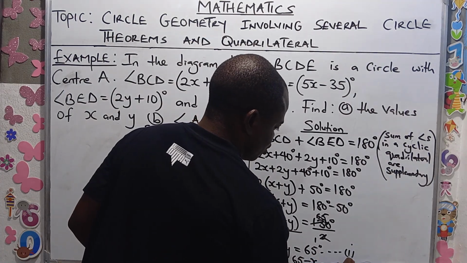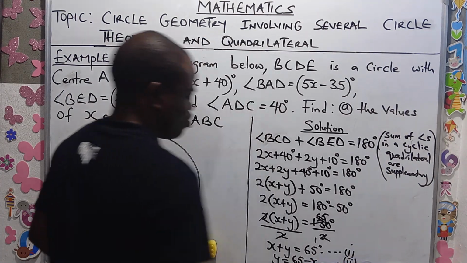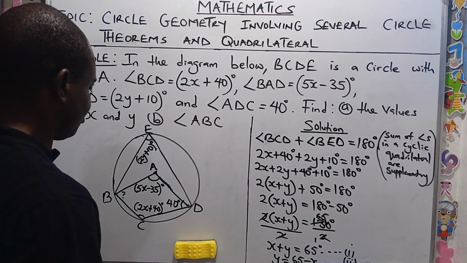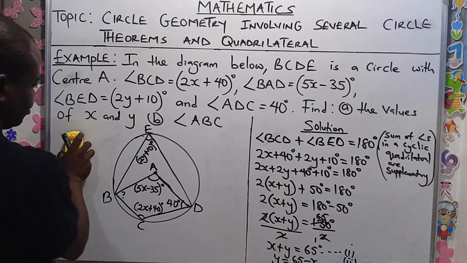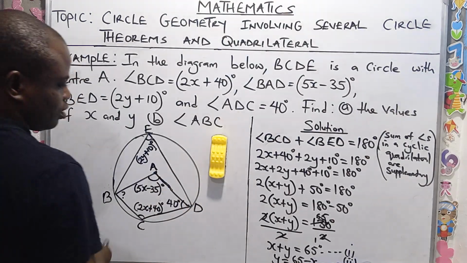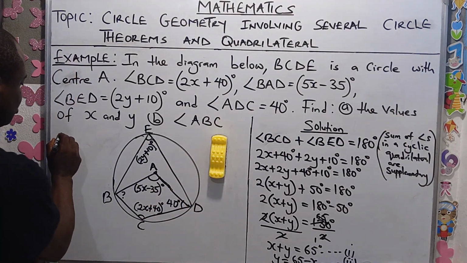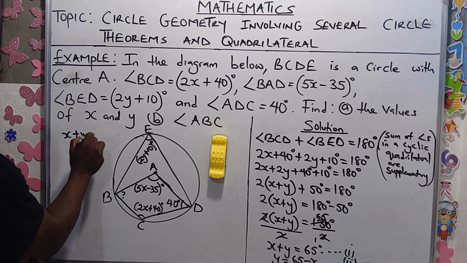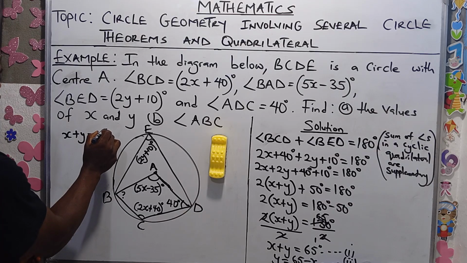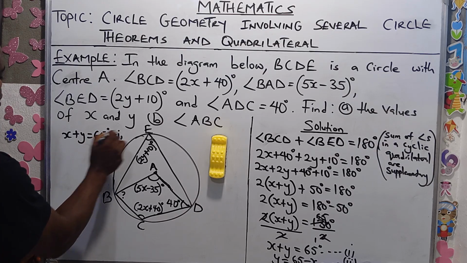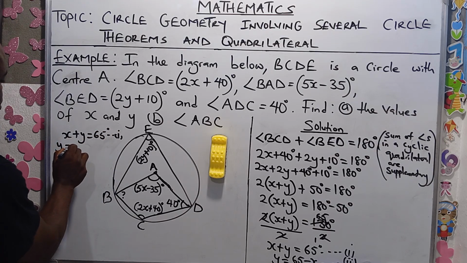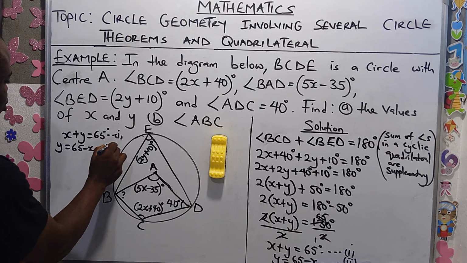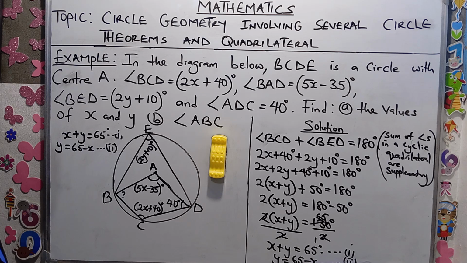Let's call this equation 2: y equals 65 minus x. Now let's write equation 1 down: x plus y equals 65 degrees, equation 1. y equals 65 minus x, that's equation 2. Have it as that.